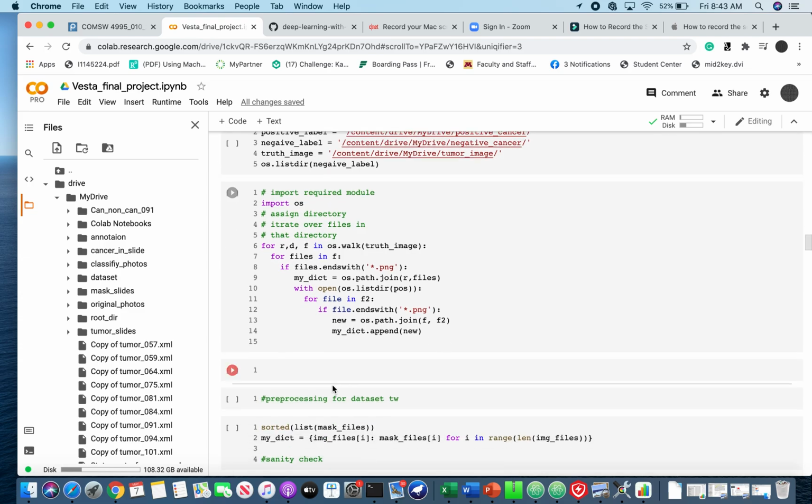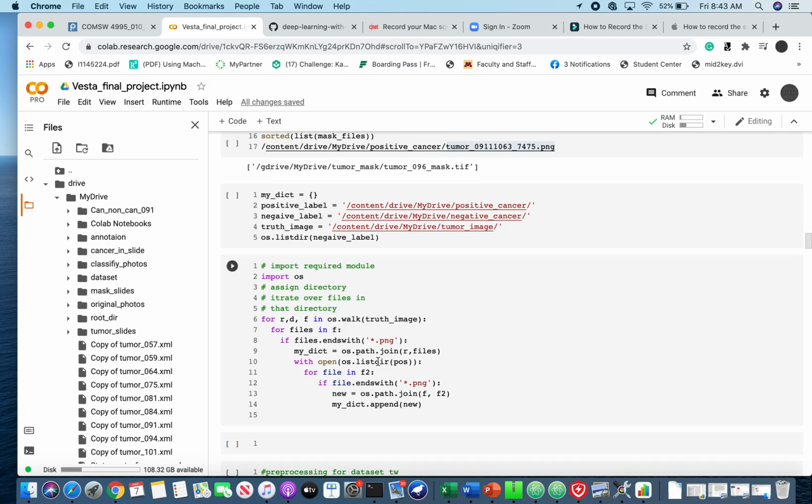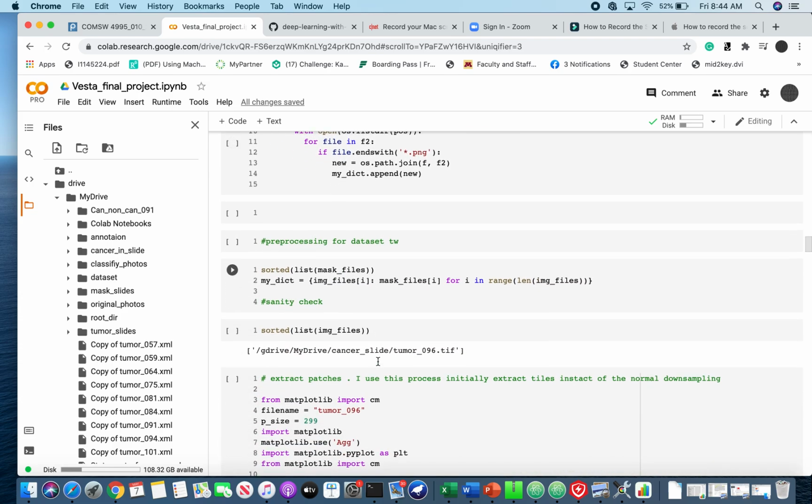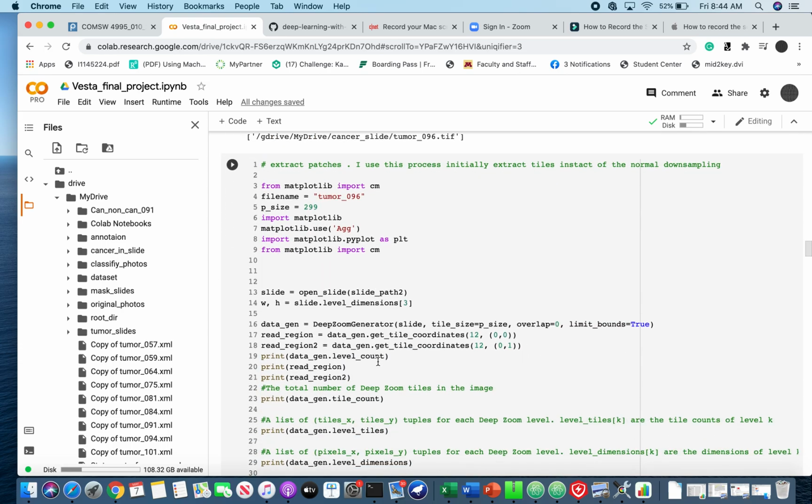So I started with this one and I wrote this code to be able to use the dictionary and look through the directories that I saved because I saved three types of data. I saved the actual tumor, I saved the masks, like positive mask and negative mask. That was what I intended to do first, but that did not go as expected.